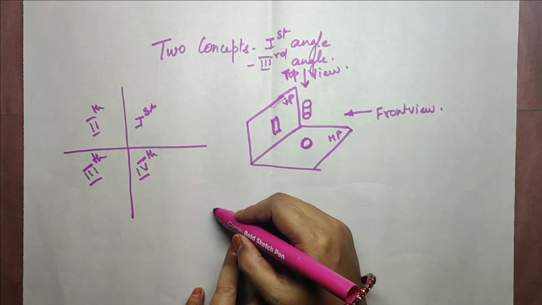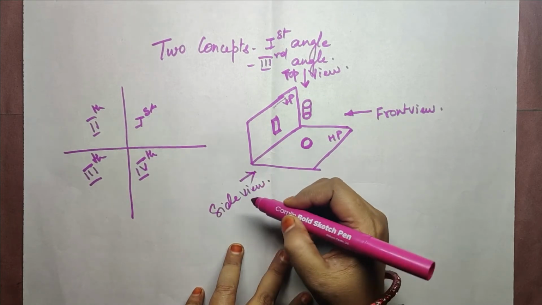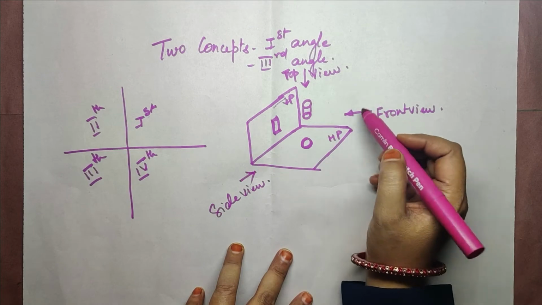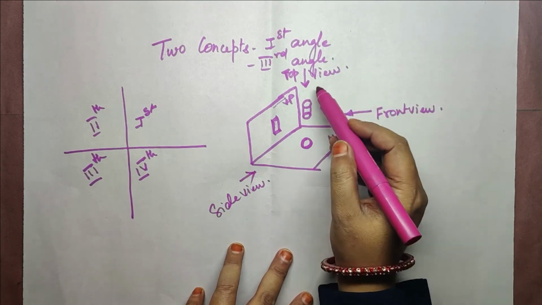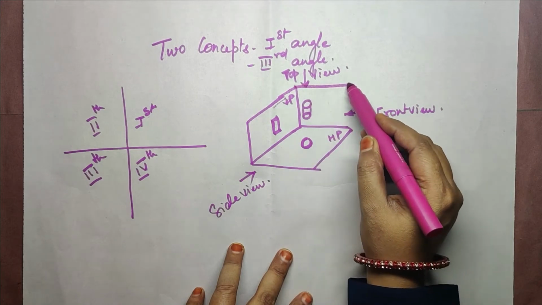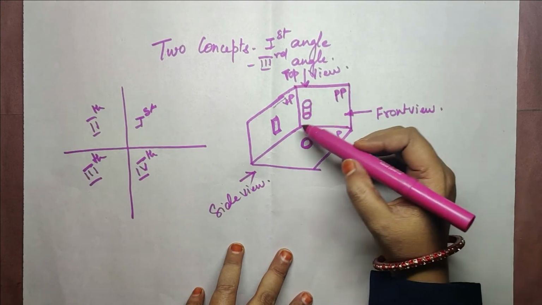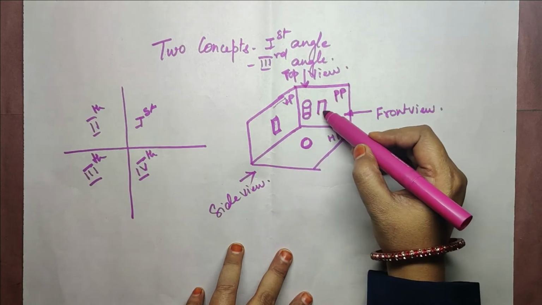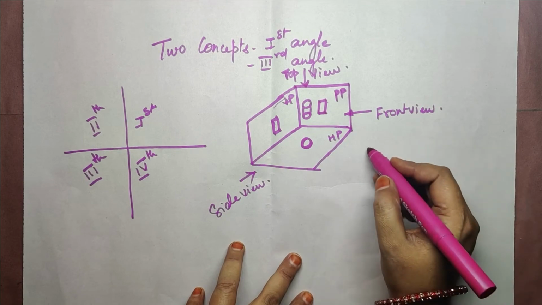Now for the side view, what happens is, when you are going to see the side view, there is nothing here to catch the side view, it is open. So what we do is we add a profile plane to catch the side view. So side view again will be a rectangle. Okay, so when we open this, what will happen?